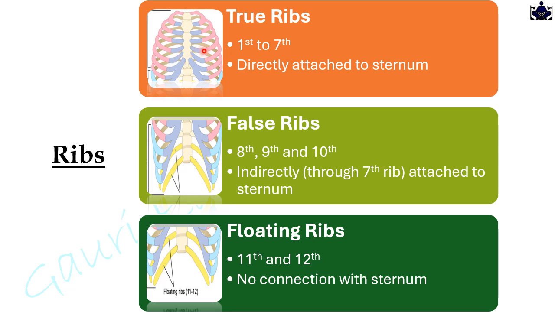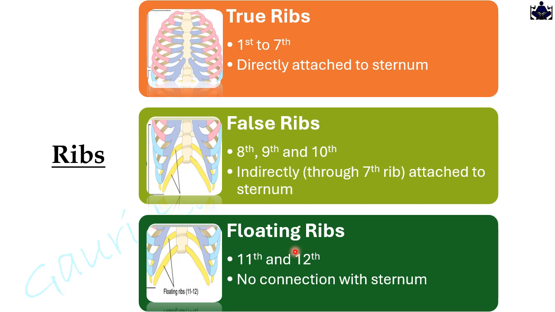The second type is known as false ribs. The 8th, 9th and 10th pairs are connected to the sternum indirectly through the seventh pair. Hence, they are known as false ribs.